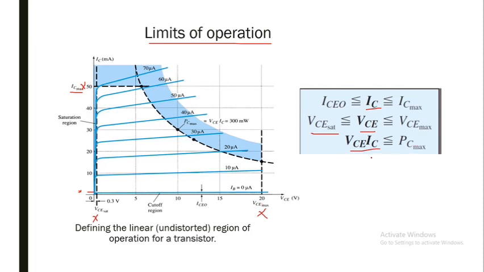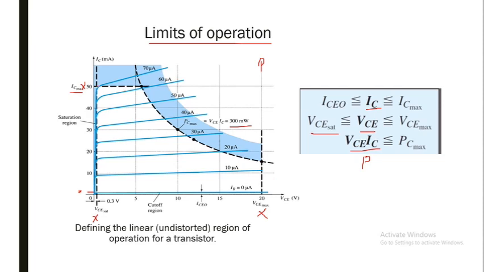And the limitation on the power curve should be that VCE times IC, which is actually the power dissipated by the transistor, should be less than the PC max curve. This curve is for PC max. Let's say PC max in this case is 300 milliwatt. So the product of these two values, that is VCE and IC, should be less than 300 milliwatt at any region.